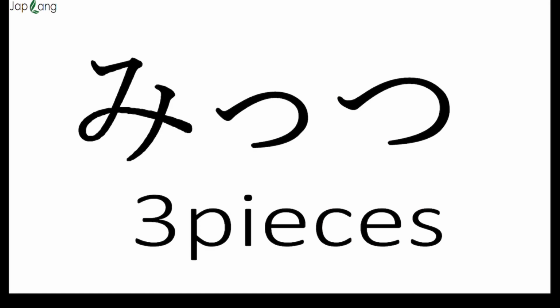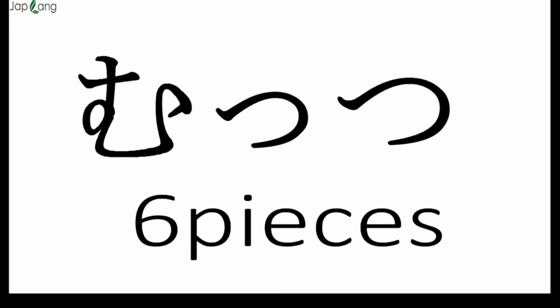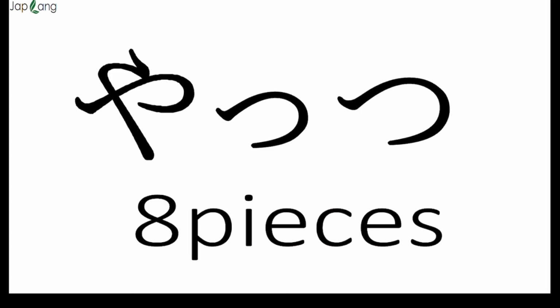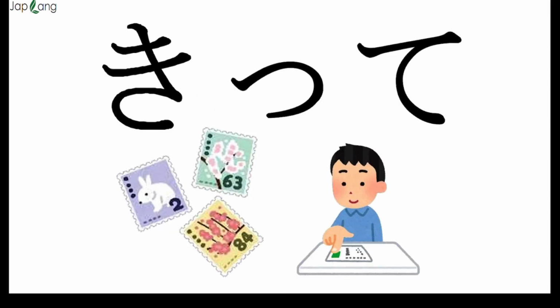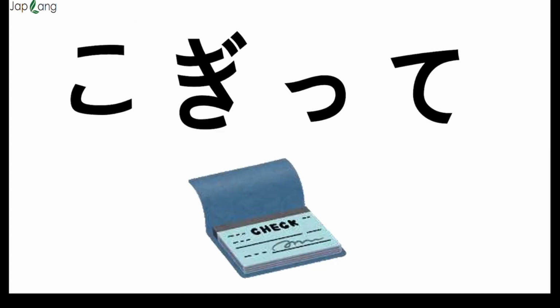Three pieces will be mittsu. Similarly, six pieces will be muttsu, eight pieces will be yattsu, and postal stamp, like we say, kitte.